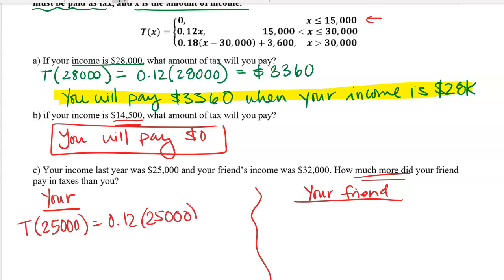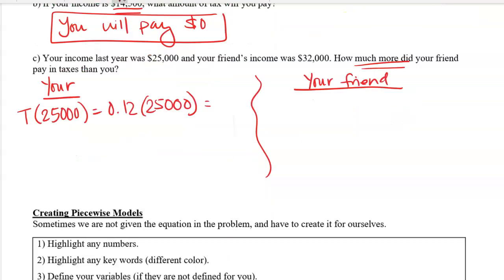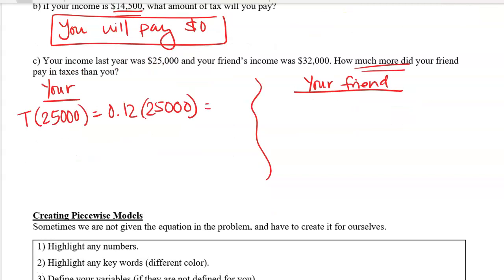All right, punch it in, guys. Compare your answer. Tyler, give me a number when you have it. $3,000.